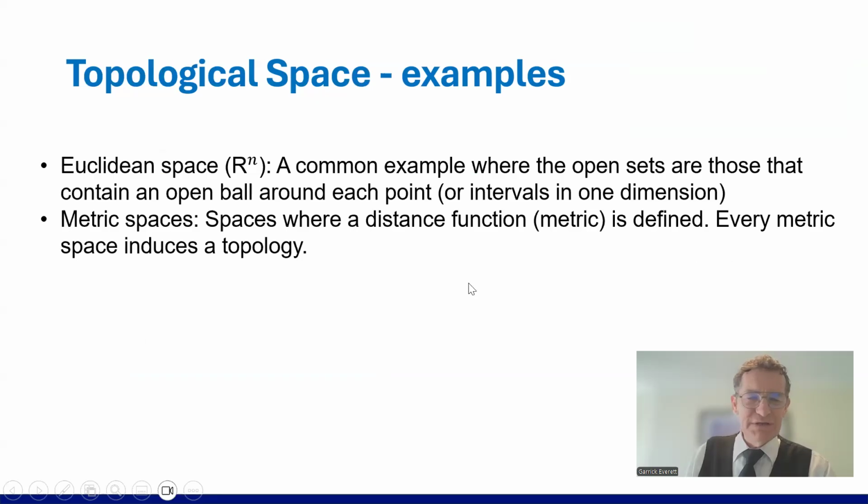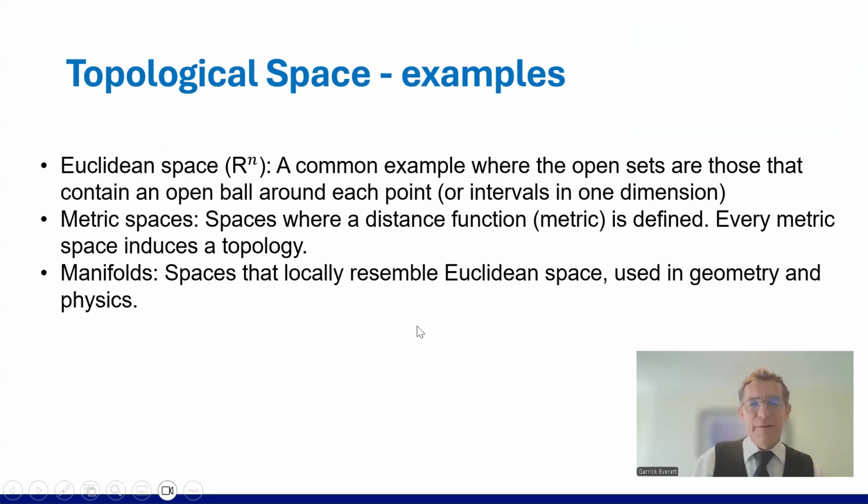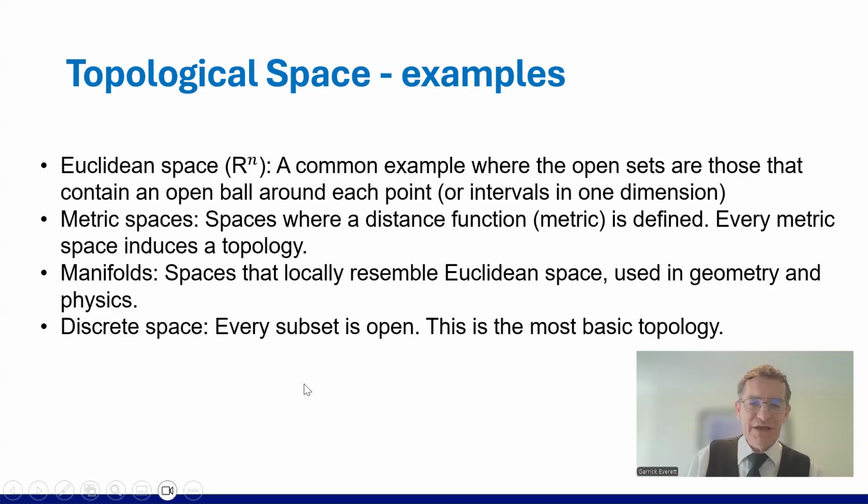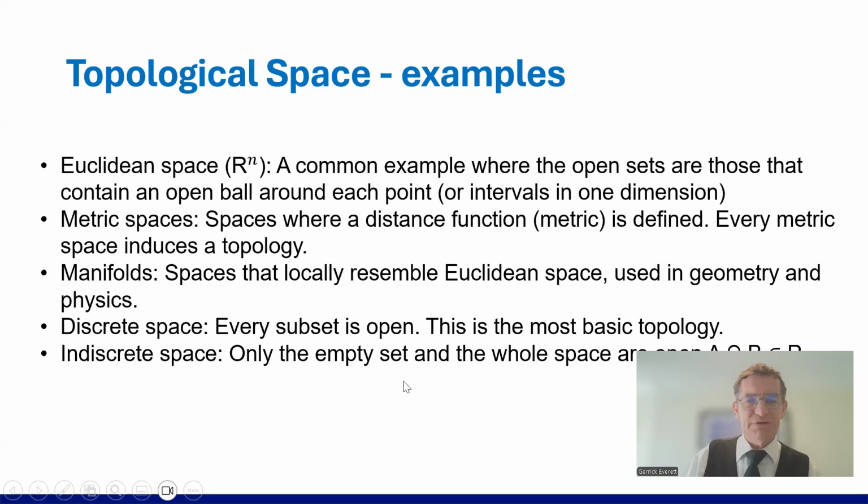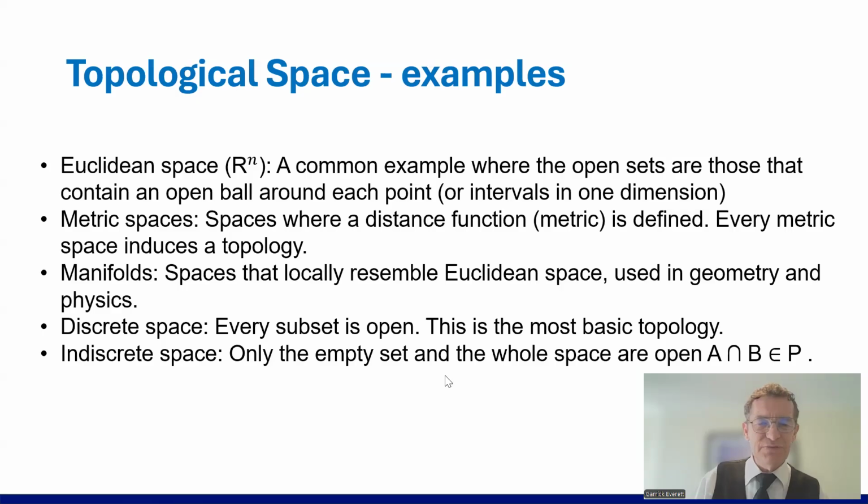Every metric space induces a topology. Manifolds are spaces that locally resemble Euclidean space, used in geometry and physics. Discrete space and indiscrete space. So they're the typical spaces used in real life. And when I'm talking real life, I'm talking real mathematical life there, not real life external to maths, where people use topological space to solve problems or write some sort of thesis.